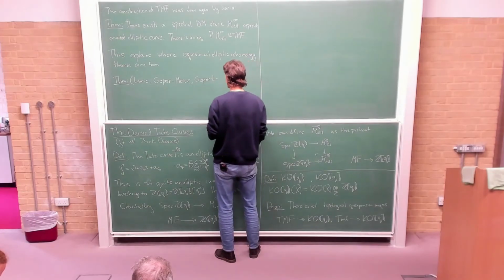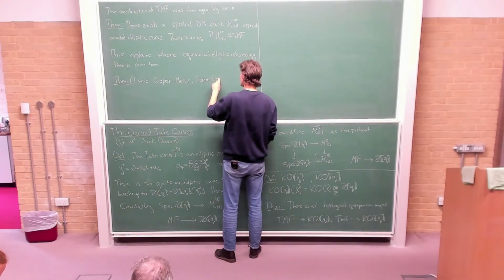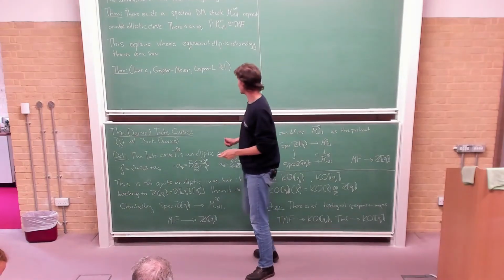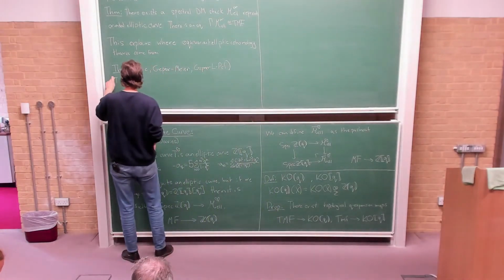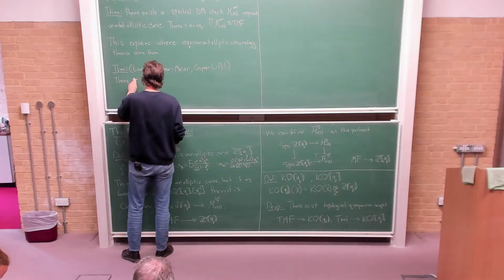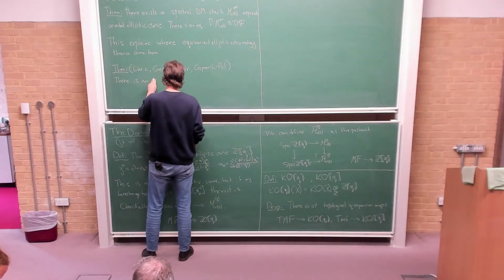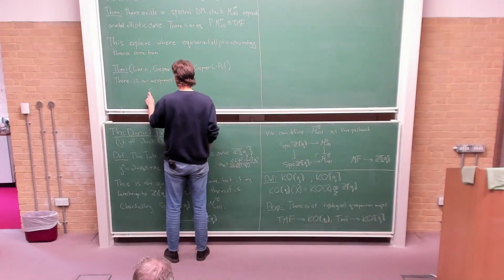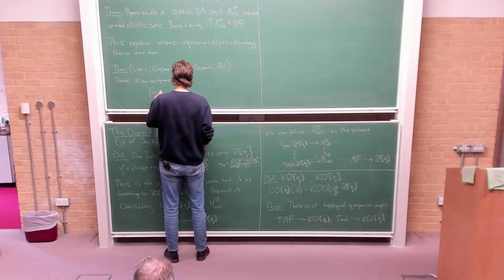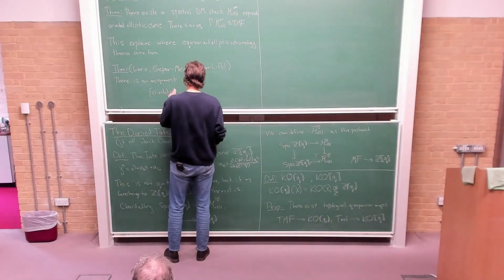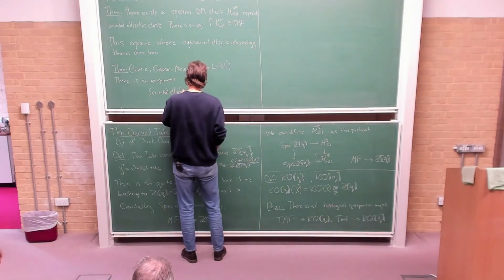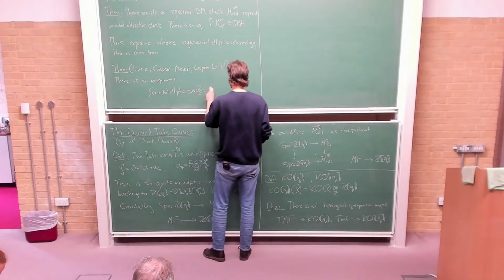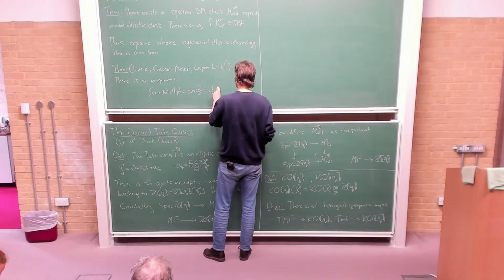It was proved by David, me, you. So what's the statement? There's an assignment of oriented elliptic curves to global spectra.